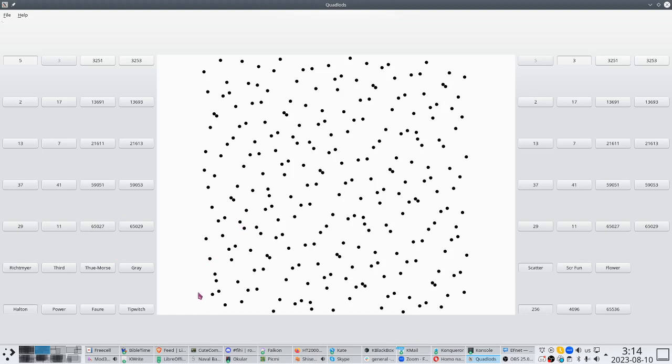These two rational numbers, the one in base 5 and the one in base 3, are then plotted against each other.